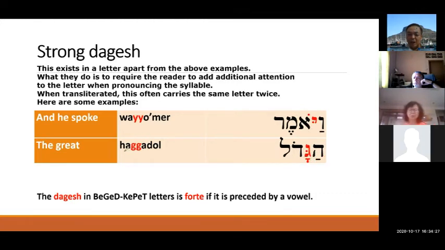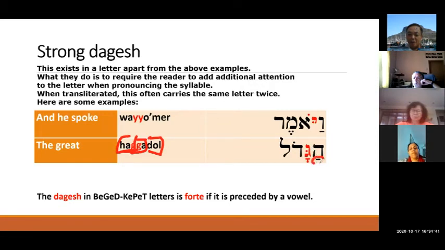So it is hag, one syllable, ga, dol. There are three syllables here. So I know this is a strong Dagesh because of the short vowel patah here, short vowel A. This is basically how you tell whether it is a strong Dagesh or a weak Dagesh.